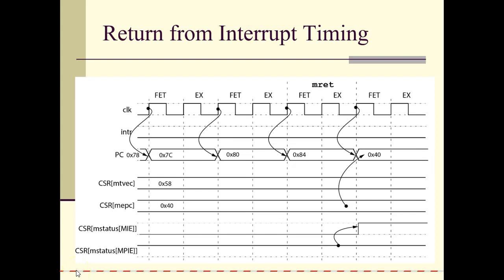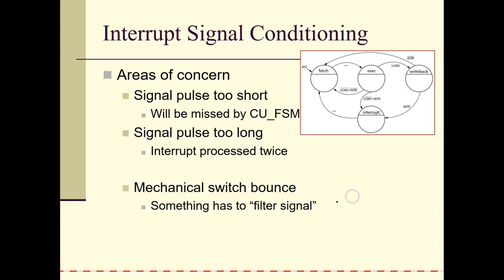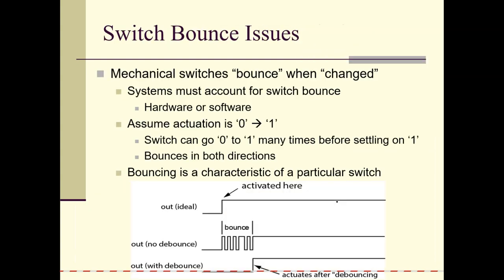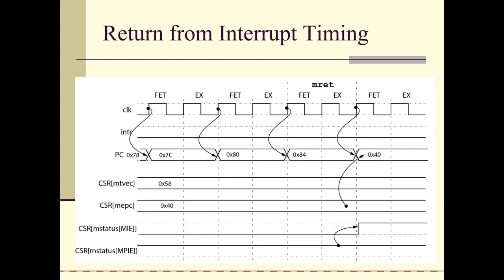When I return from the interrupt, I need to do two things, and one of those things is to take this MEPC value, which was the instruction we would have executed had we not taken the interrupt.